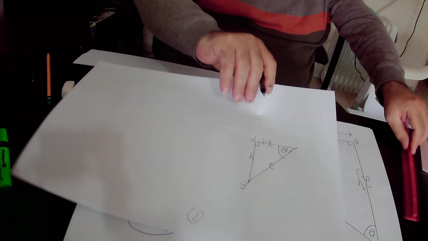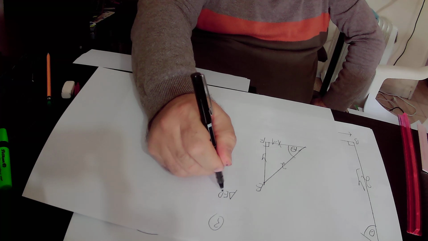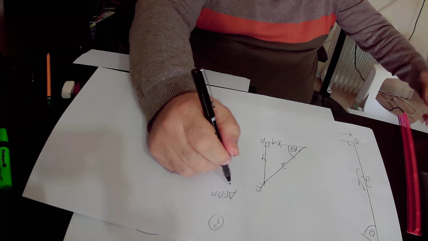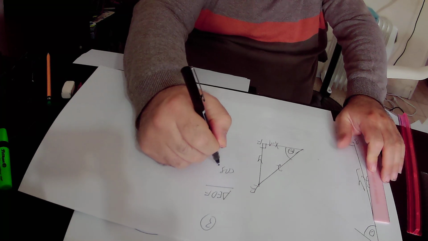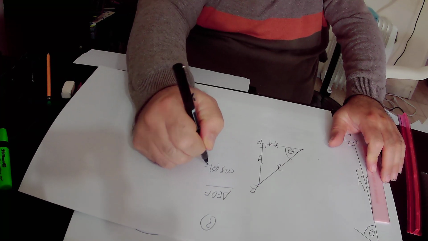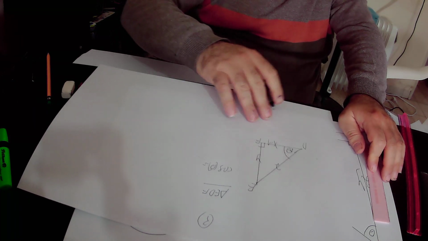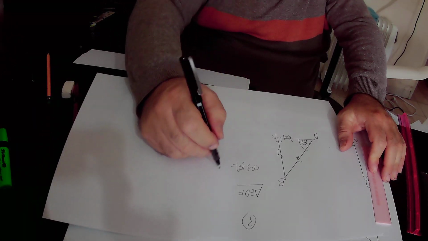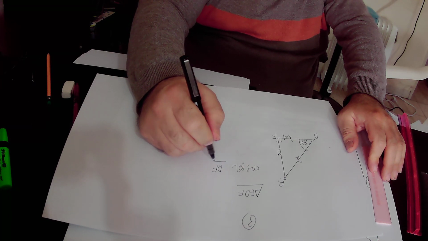So triangle EDF is a right triangle, so in the right triangle EDF we will get that cosine theta equals DF over DE.